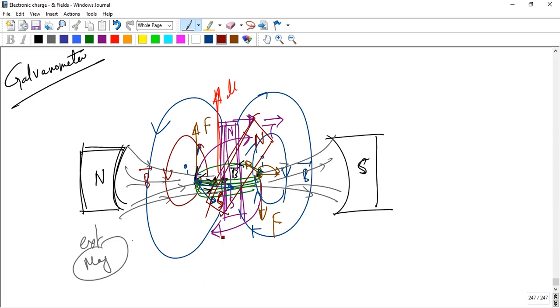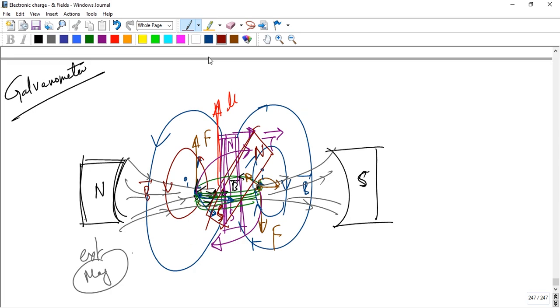To apply this concept in the galvanometer, suppose these are the indicator. The indicator is connected to the bar magnet here, and the current is carrying through this green coil, and now this indicator bends.